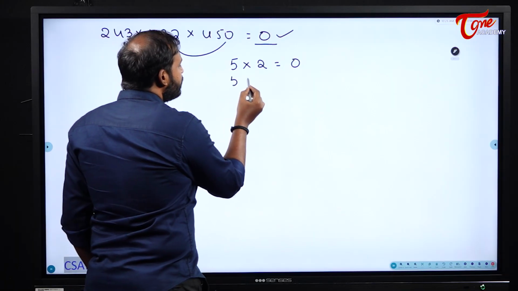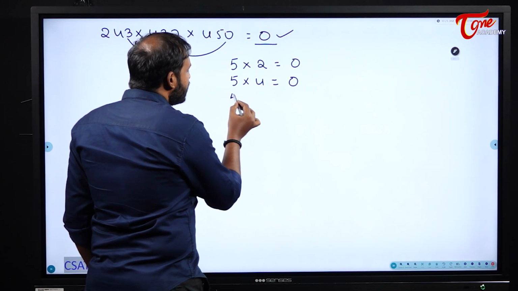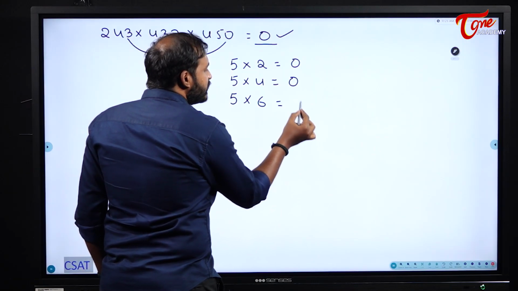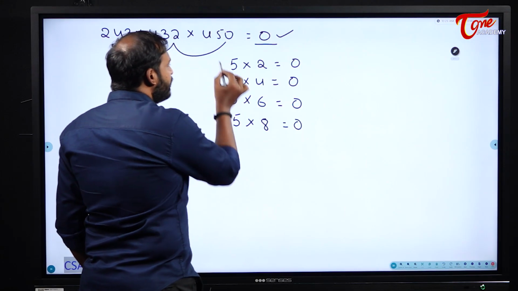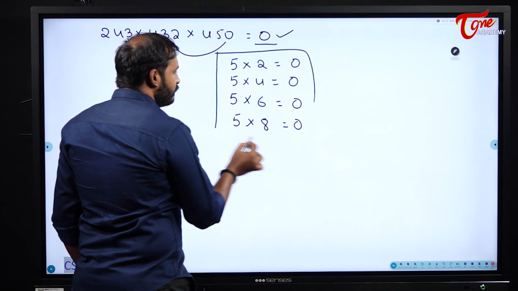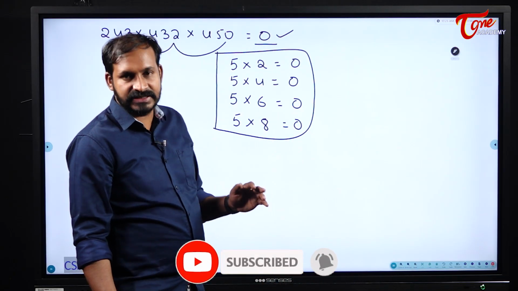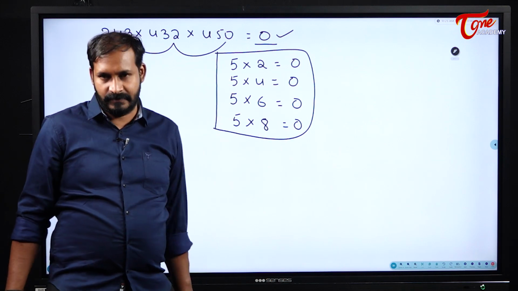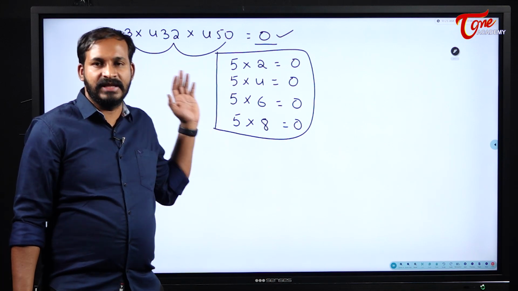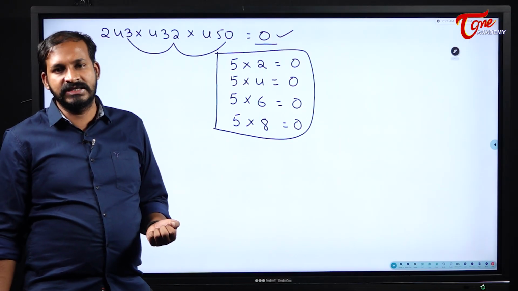Similarly, 5 4s are 20, units place is 0. 5 6s are 30, units place is 0. 5 8s are 40, units place is 0. That means when we have 5 in the units place in the given series of numbers, and we have at least one even number in the series, then obviously our answer becomes 0.